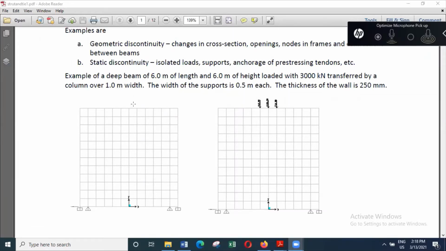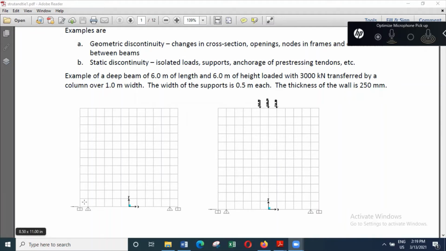And the size of the column is 1 meter by the width of the wall. If the width of the wall is say 0.25 meters, then the size of the column supported by the wall is 1 meter by 0.25 meters. Here you would see that all these are 0.5 meters. So the width of the support is 0.5 meters each.